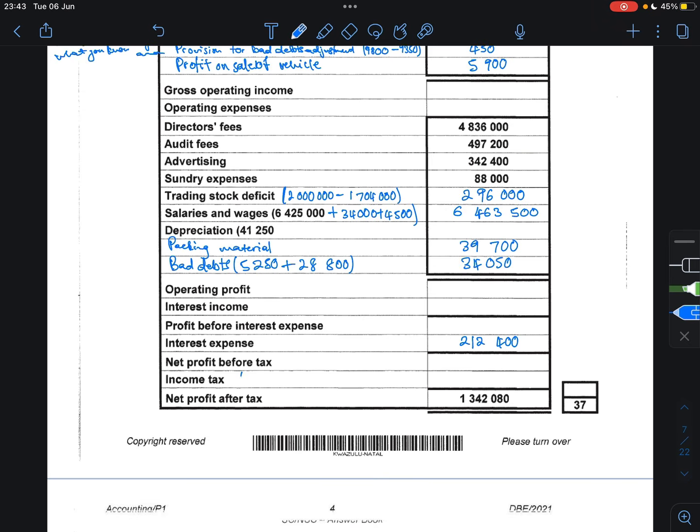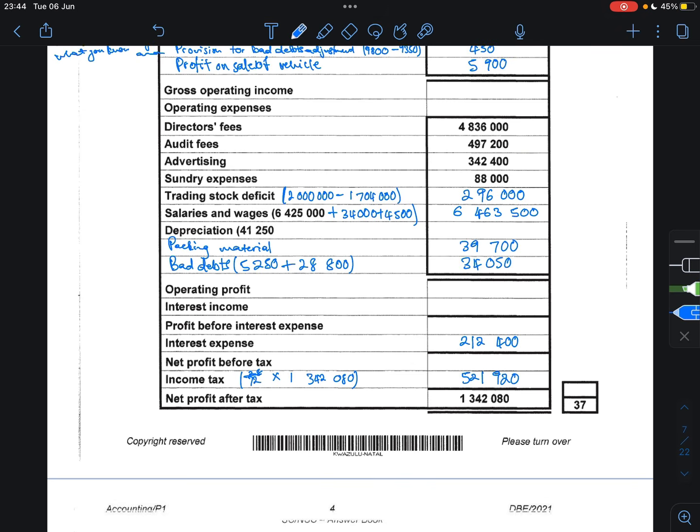Okay, so working our way to the bottom of the answer book, we're given your net profit after tax. We want our income tax. What do we want first? We want 28%. What do we have? 72. What amount is given? 1,342,080. Okay, it's 28 over 72 times 1,342,080. Then we have 521,920.